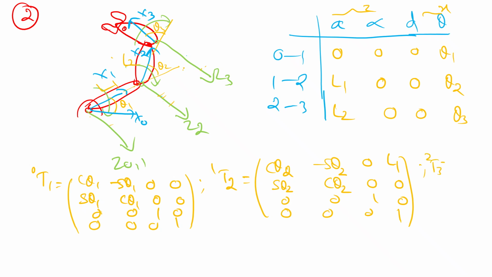Then T32 is equivalent to C theta 3, minus S theta 3, 0, L2.